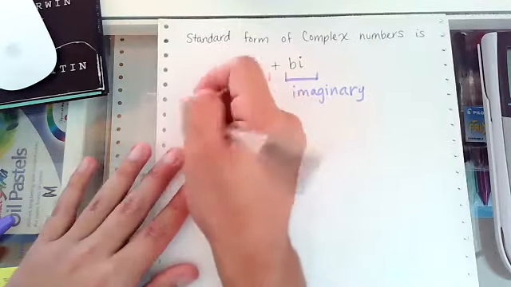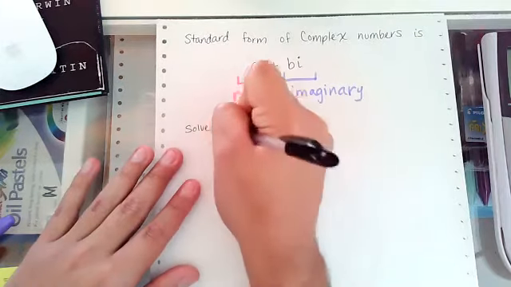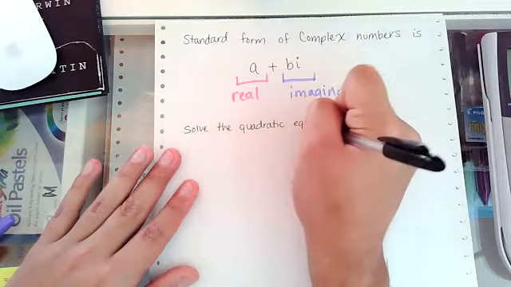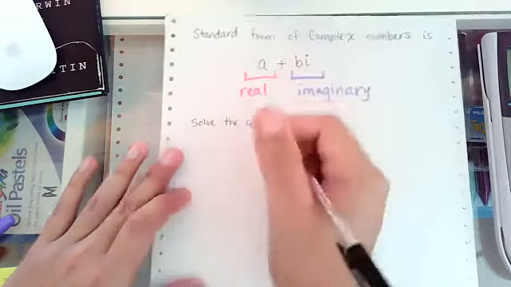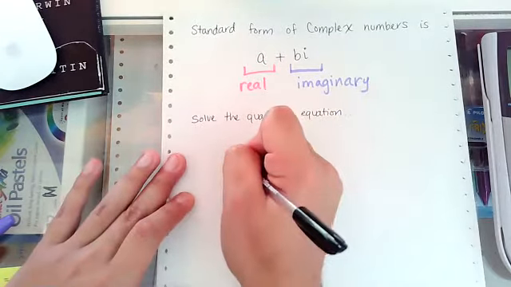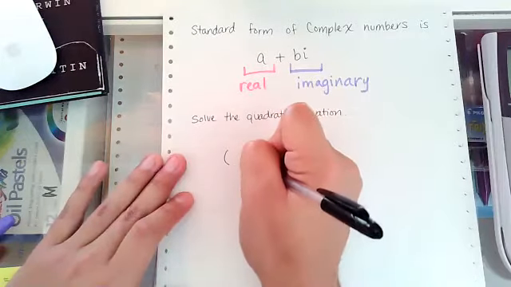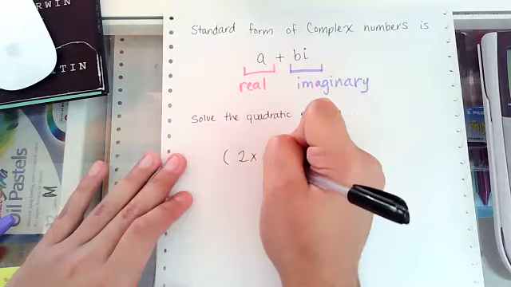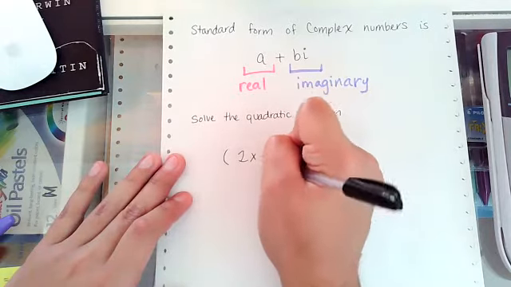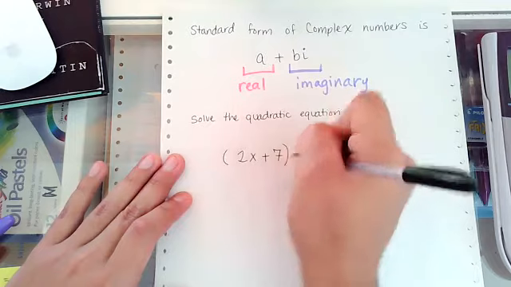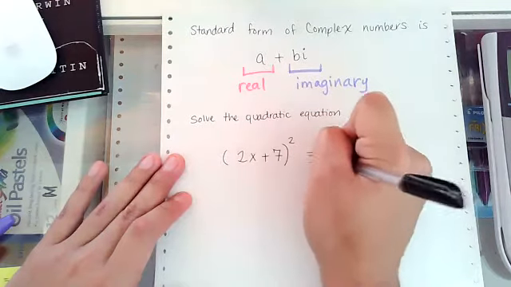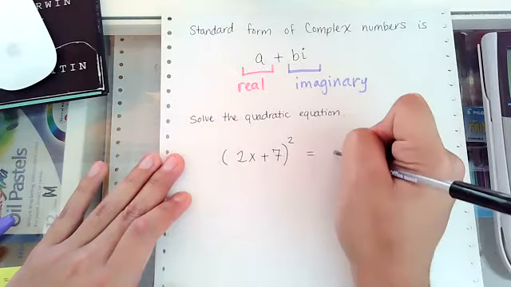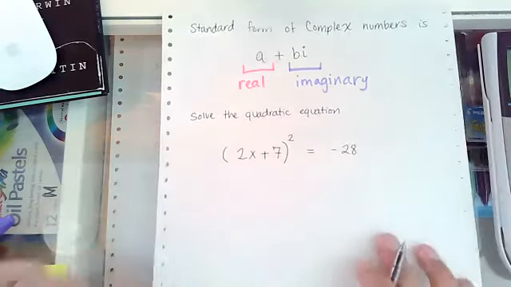How about if we need to solve the quadratic equation, and the equation looks something like this: (2x plus 7) squared equals negative 28.